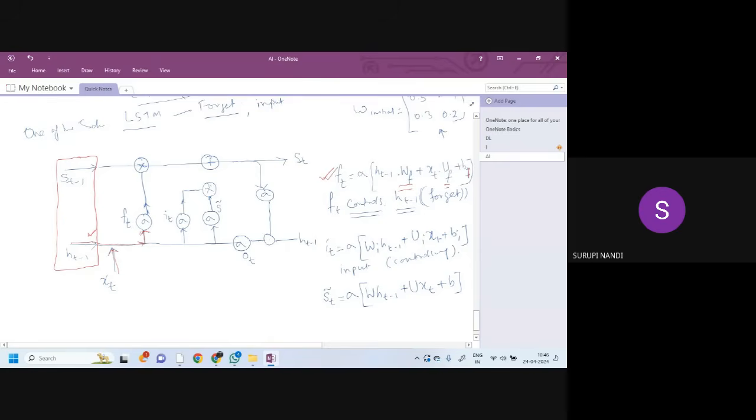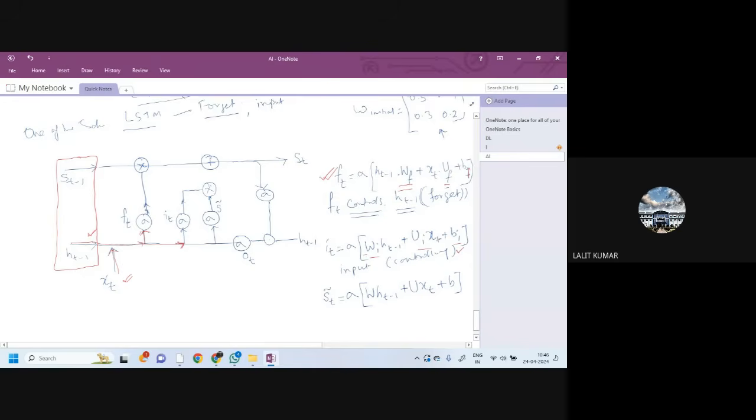Now I come to input. Here I want to control whether I want to read XT or not, how much I want to read. So here I put WI into HT minus 1, UI into XT plus bias of I. So this is controlling the input.